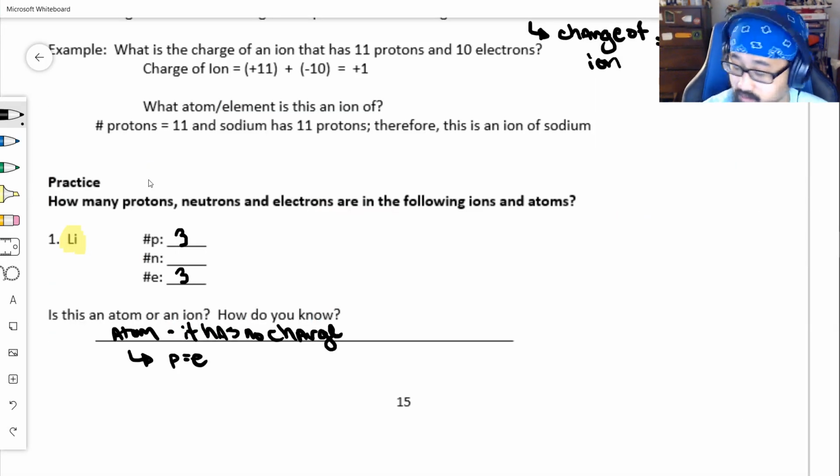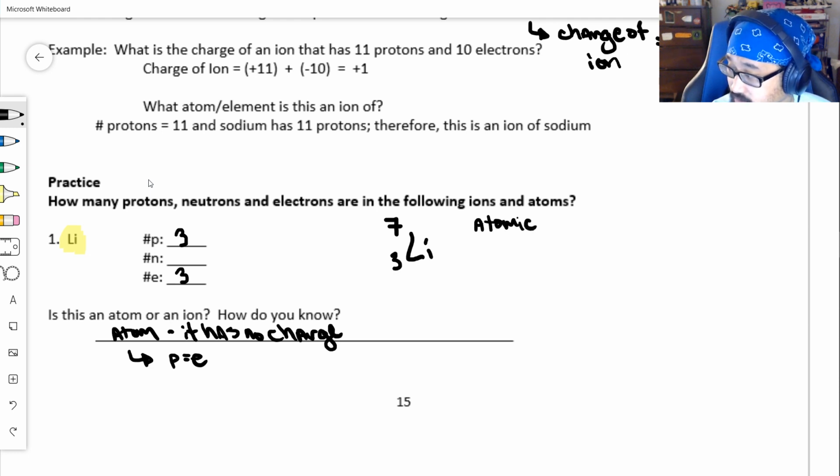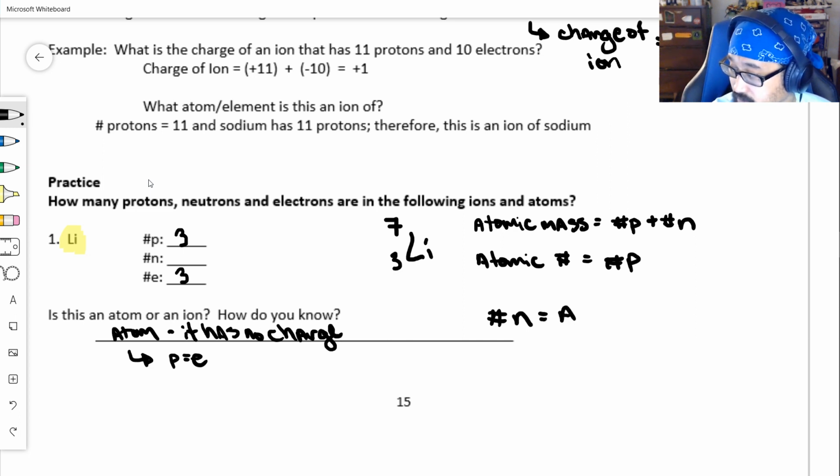So I'm going to rewrite this over here. I'm going to call it lithium, atomic number 3, atomic mass of 7. Now the atomic mass equals the number of protons plus the number of neutrons. And the atomic number is equal to just the number of protons, which means the number of neutrons is the atomic mass minus the atomic number.